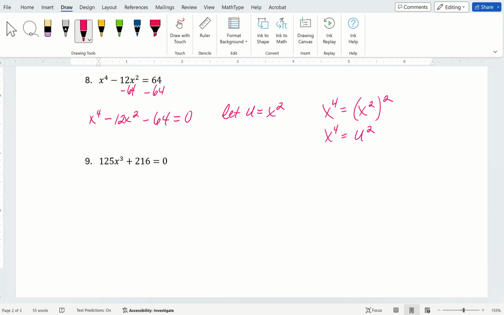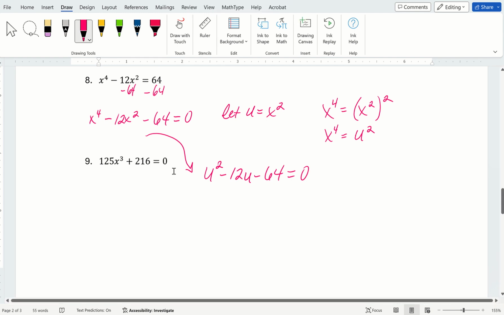So I'm going to rewrite this as, I'll do it down here, u squared minus 12u minus 64 equals 0. Now I just have a quadratic. U squared is the same as x squared for all we care when we're factoring. So because there's no number in front of u squared, I just need to find out what multiplies to negative 64 and adds to negative 12.